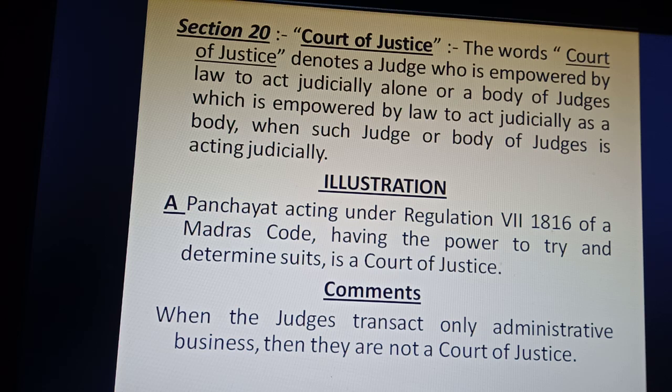Let's take the illustration. A panchayat acting under regulation number 7 of 1816 of the Madras Code having the power to try and determine suits is a court of justice. But when the judges transact only administrative business, then they are not a court of justice. So this is something about section number 19 and 20.